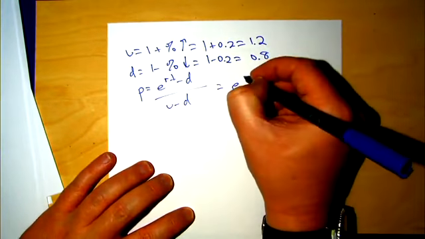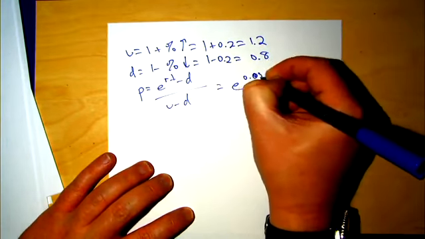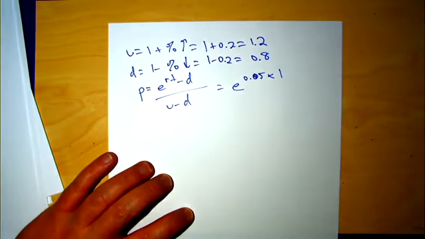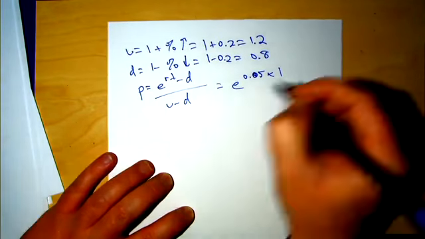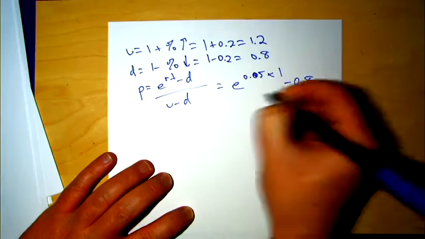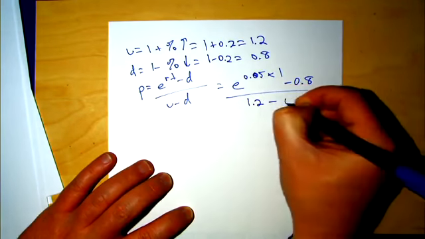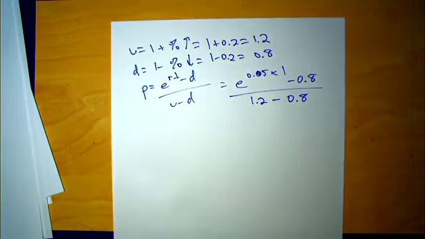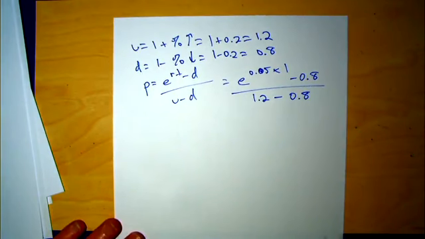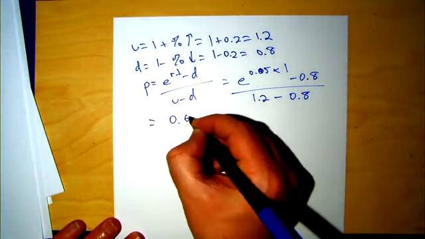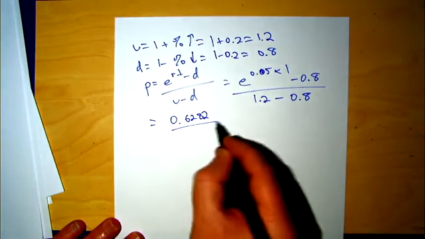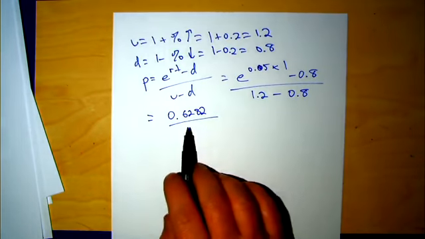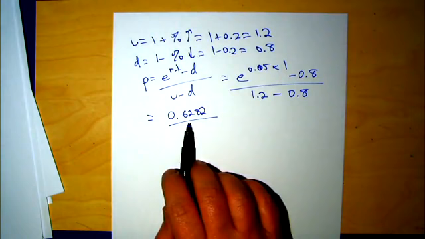So in terms of my formula, the risk-free rate was 5%, and I multiply it by the length of a time step, which is 1 year. Minus 0.8 divided by U minus D, 1.2 minus 0.8. That gives me 0.6282. When you're solving for P, I'm happy if you round to 4 decimal points.